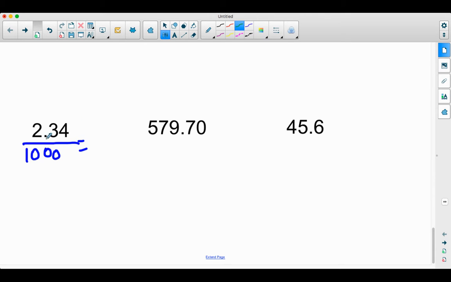Move the decimal point 1, 2, 3 places to the left, replacing by 0 when you are out of digits. So that would be 0.00234.